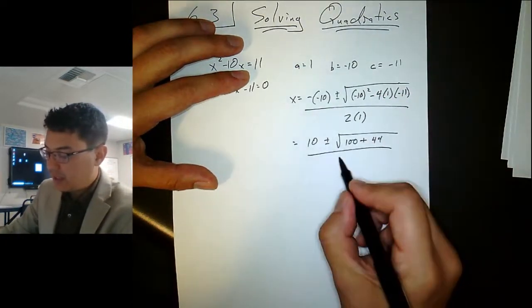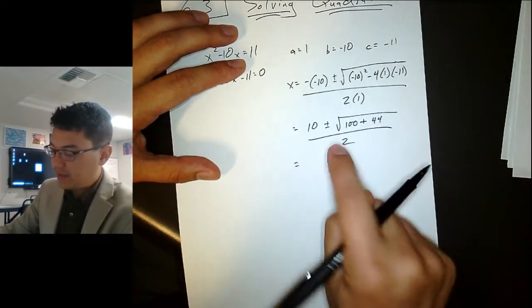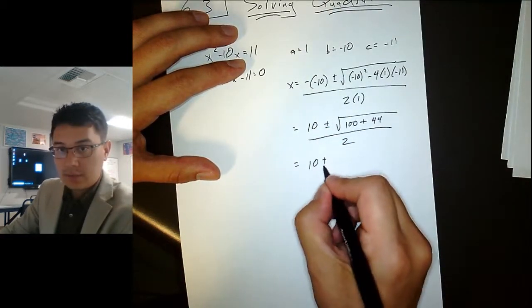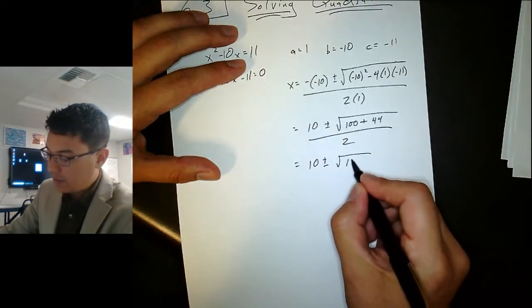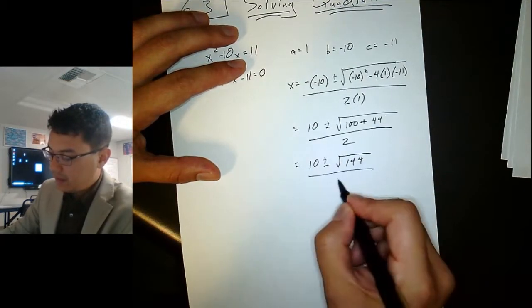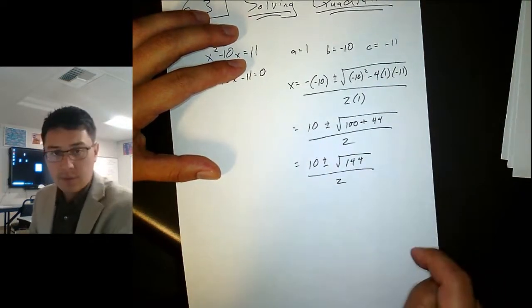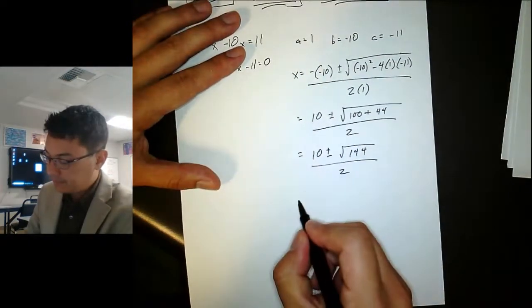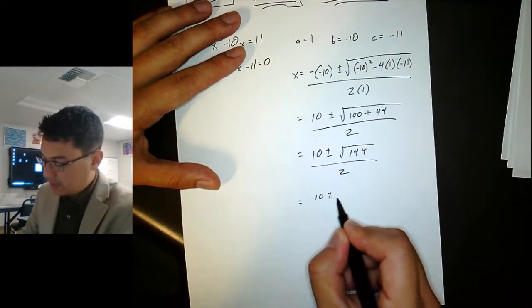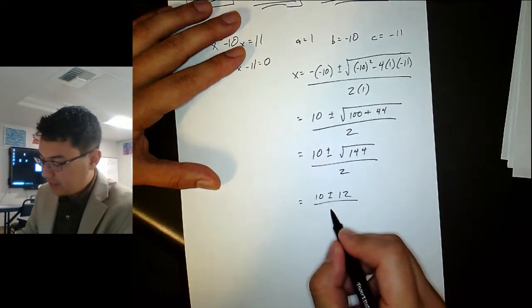All divided by 2. Simplify the square root out, so we get 10 plus or minus the square root of 144, divided by 2. The square root of 144 is 12. So 10 plus or minus 12, divided by 2.